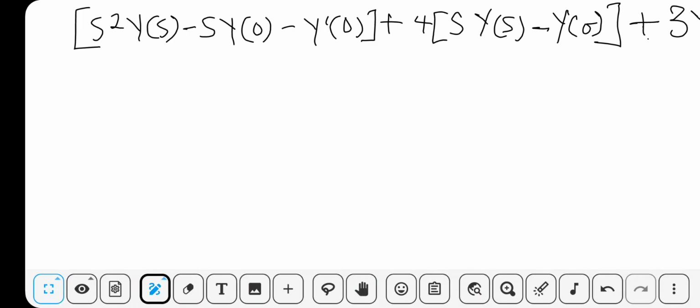So now, second step after getting the Laplace transform is to substitute initial conditions and make F of s the subject of the formula.